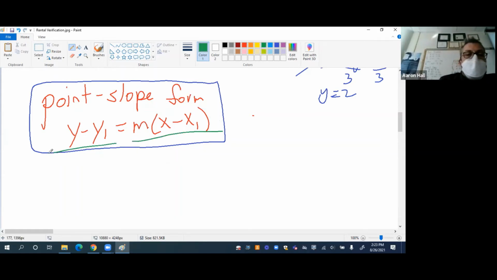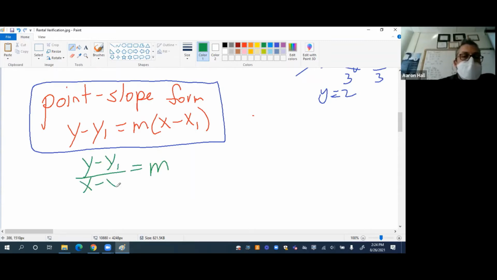What happens if we divide both sides by x minus x subset 1? Yeah, we get slope. We get our slope equation. If I divide both sides by x minus x subset 1, what I get is m equals y minus y subset 1 over x minus x subset 1.